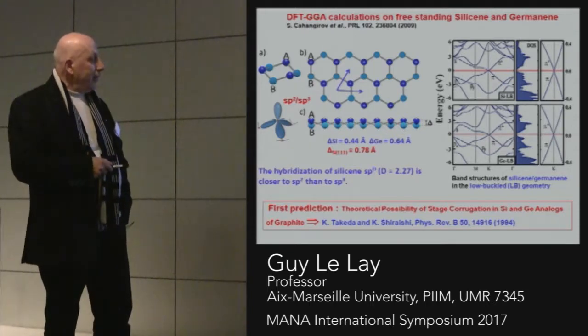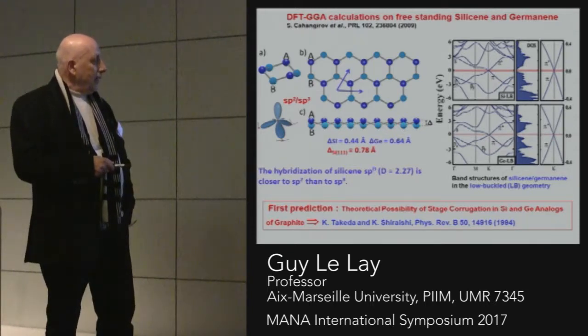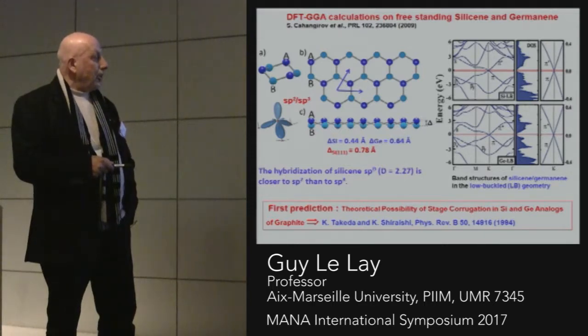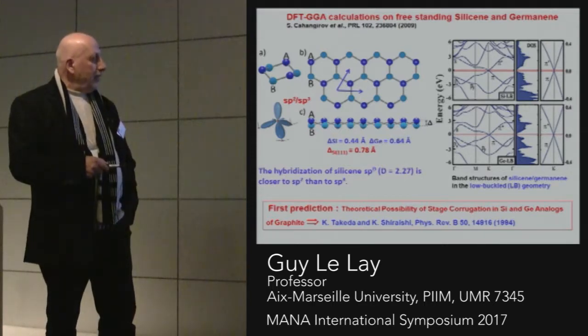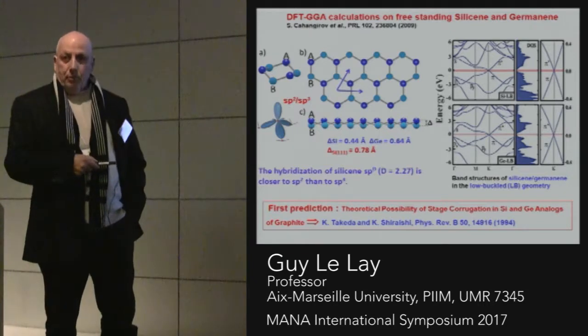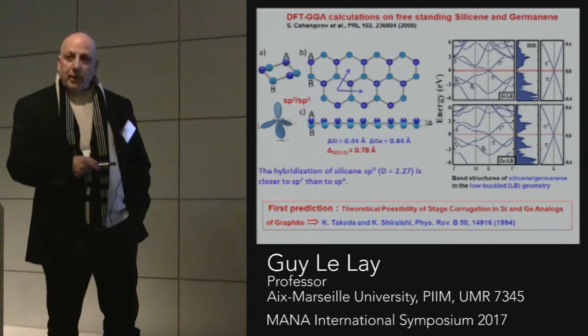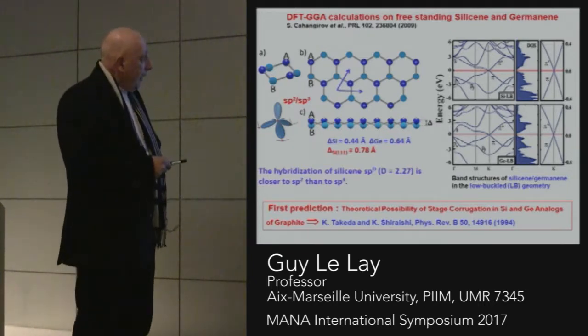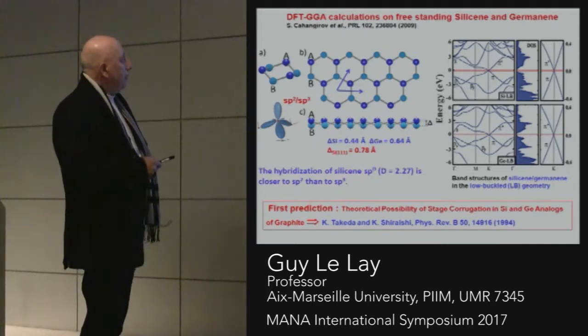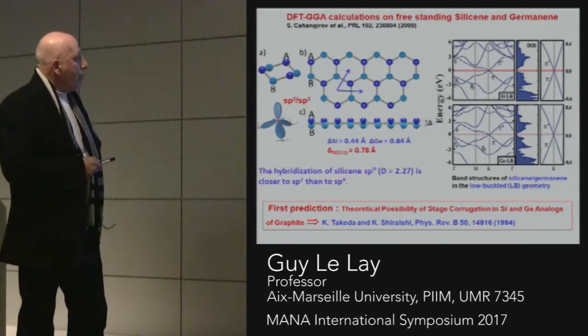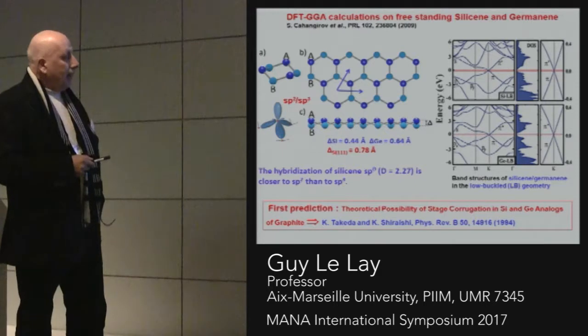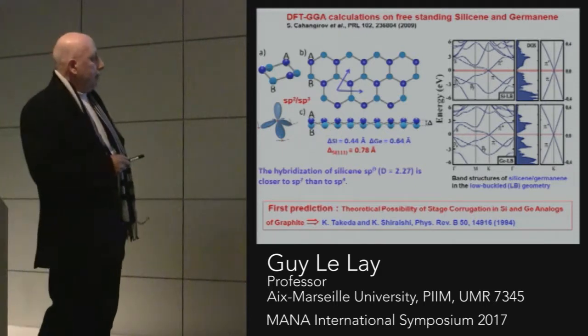Purely DFT calculations, predicting the possible stage corrugation in silicon and germanium analogs of graphite. We would say now silicene and germanene. And more recently, this was recalculated by Cahangirov et al., and the stability was checked by looking at the phonons.